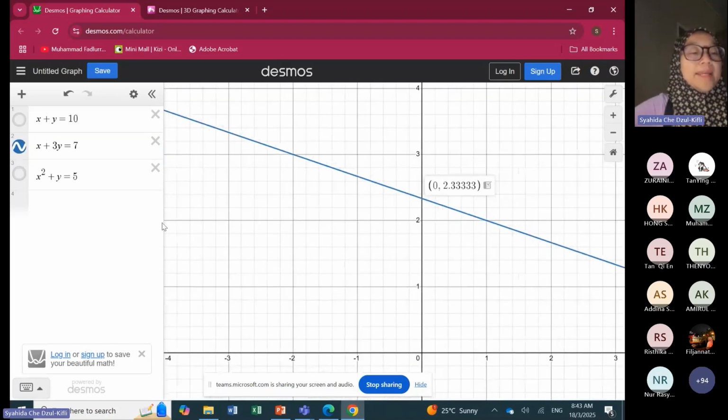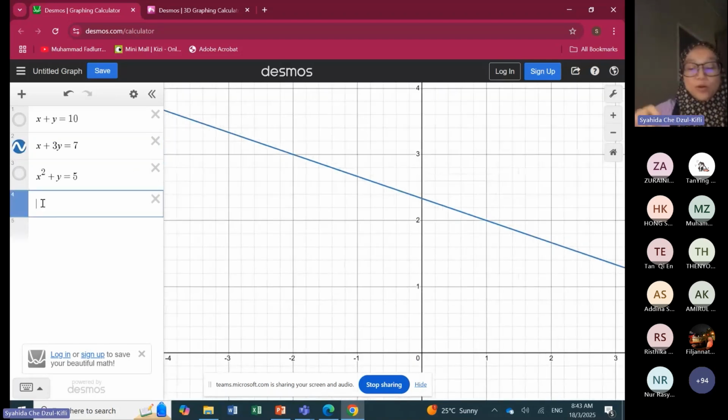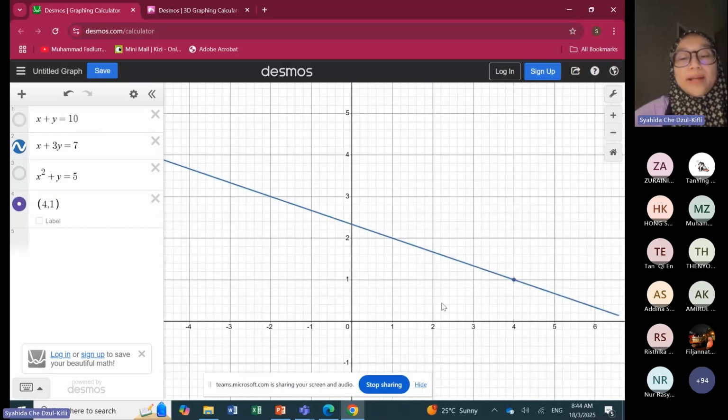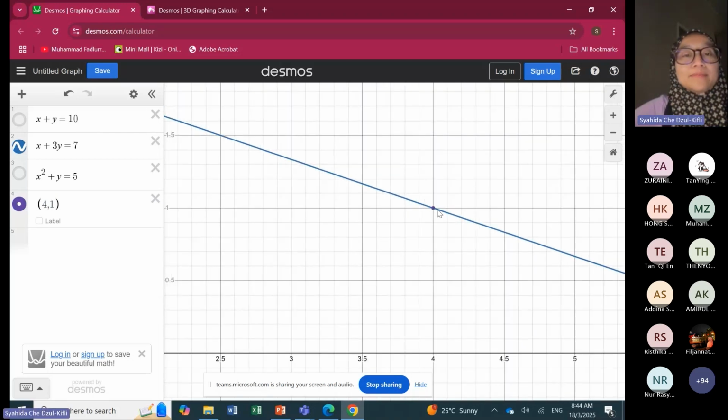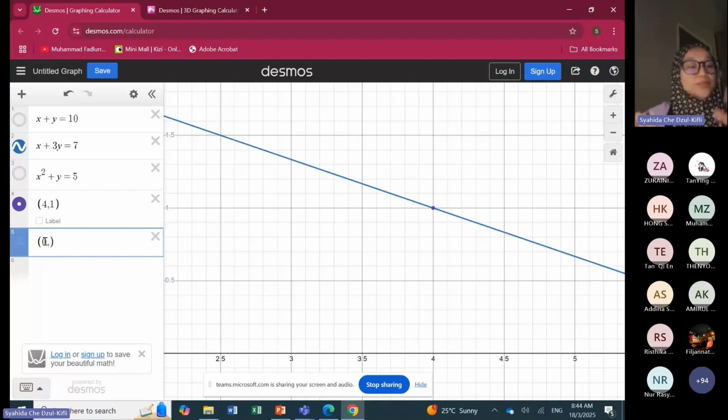And the point (4, 1), where is the point? Here. The point (4, 1), this dot, is in the graph, on the straight line. The same goes for the other point, (0, 7/3).